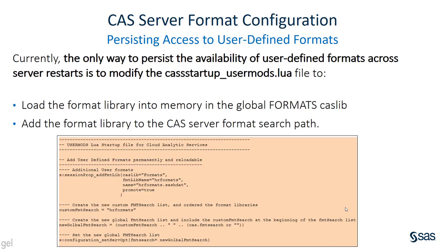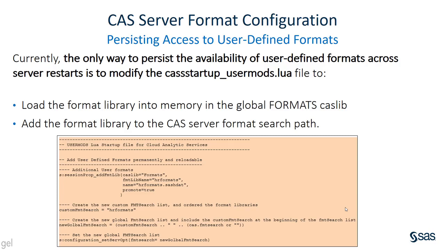All right, having said all that about the UI and the CLI and how easy it is now to import formats and make them available, there's a large caveat to this in 3.4. If the CAS server restarts, all those changes that you made via the UI or the CLI pretty much go away. The only way to persist this over a server restart is to implement the update of the format search path and make the format libraries available in the CAS server startup.lua files.